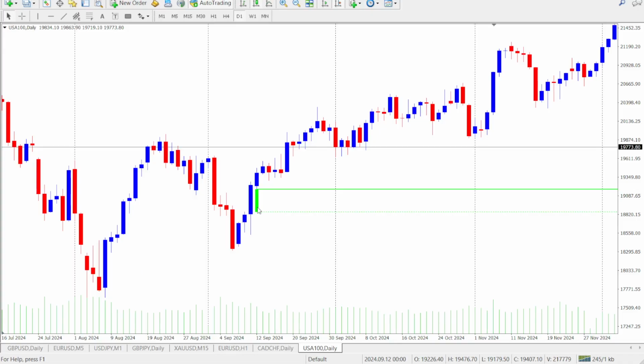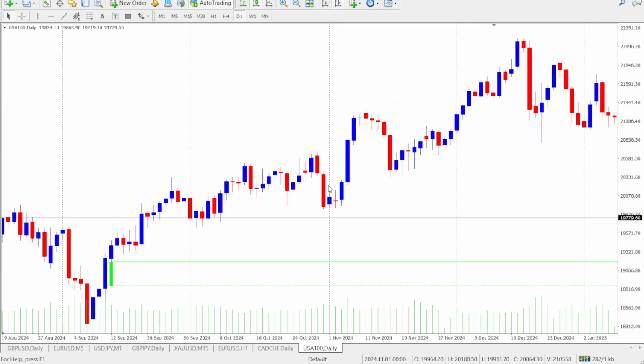So when this happens, the FVG indicator marks these areas with horizontal rectangles, like you can see that happened here. This was an example. You're going to see green rectangles in an uptrend, which indicate potential buy zones.